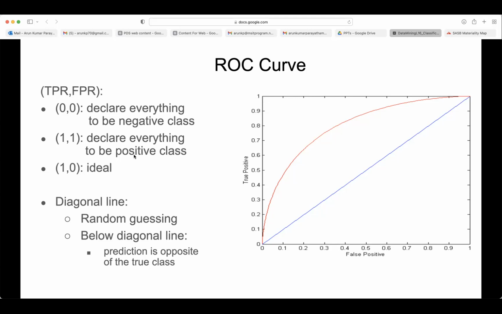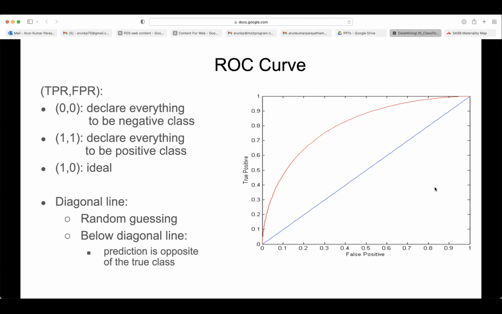Then declare everything to be positive class, that is 1, 1. It means you are catching everything, and you are also making all negatives positive. So how many false positives are you making? 100%, because everything you are calling positive.